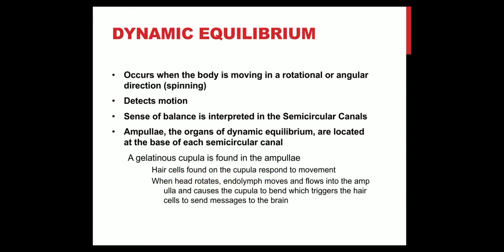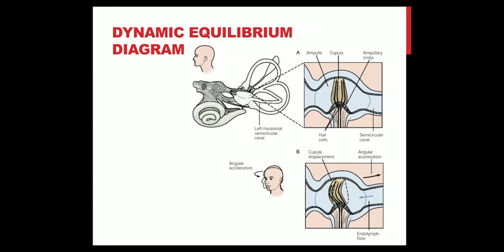This is a very important part here. What it is saying is that in the semicircular canal there is also a fluid, that is endolymph. When the head turns towards one side, this diagram will help you understand in detail.